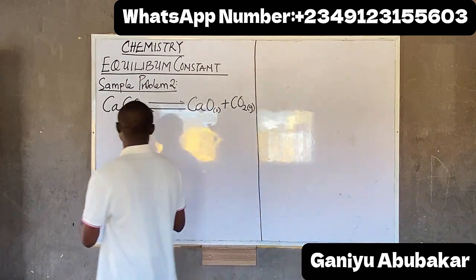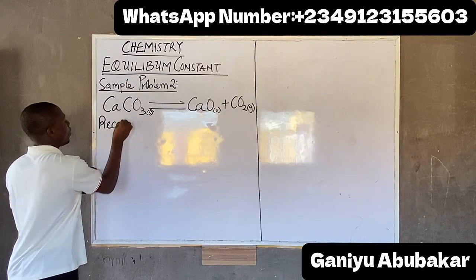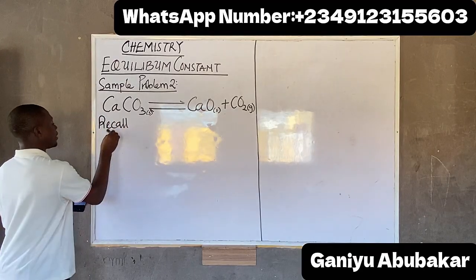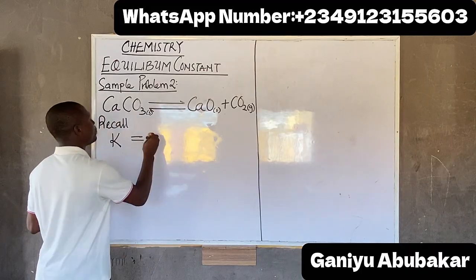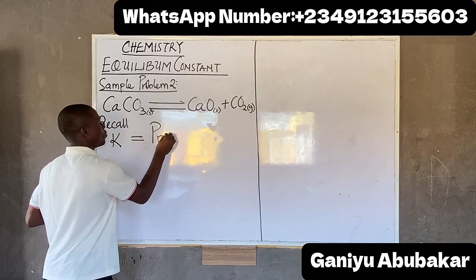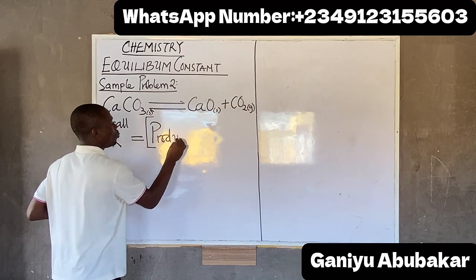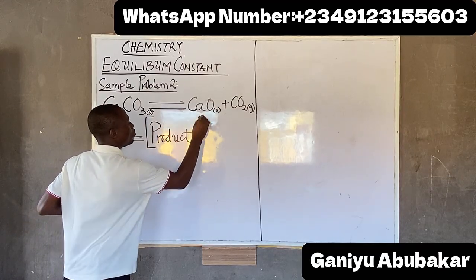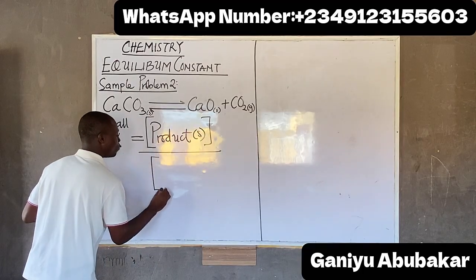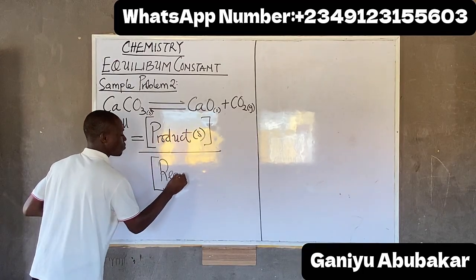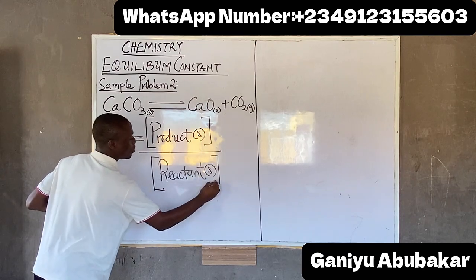We said the equilibrium constant, that's K, is equal to the ratio of the concentration of the products, or several products, all over the concentration of the reactant or several reactants, right?